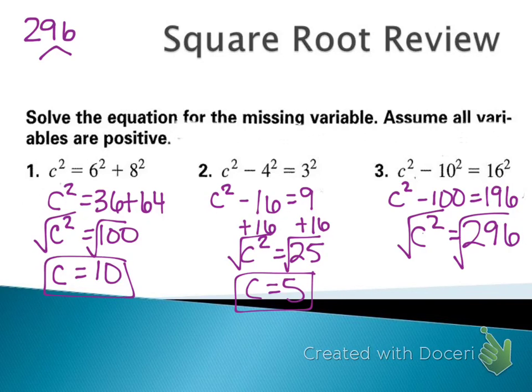What can I break 296 into? You tell me. We could go by 2. 2 times what?